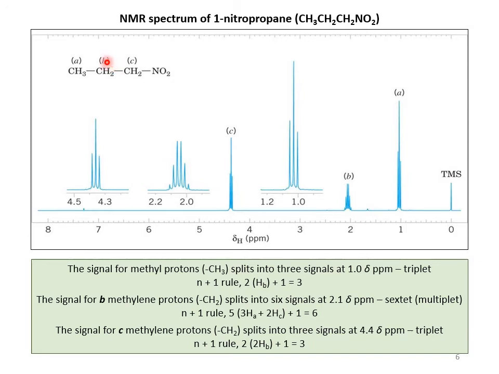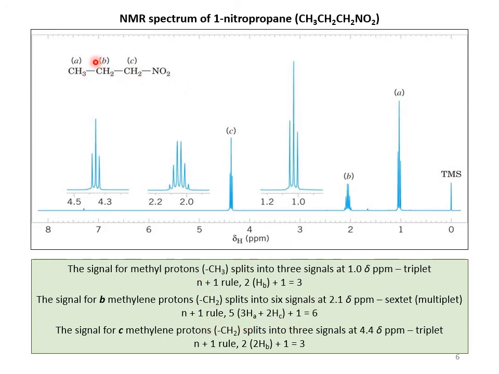Then coming to the methylene group, that is B, which has two adjacent carbon atoms. One adjacent carbon atom is the methyl carbon, which has 3 hydrogens, and the other adjacent carbon atom is the methylene carbon, which has 2 hydrogens. So totally there are 5, 3 plus 2. Then n plus 1, 5 plus 1, 6.